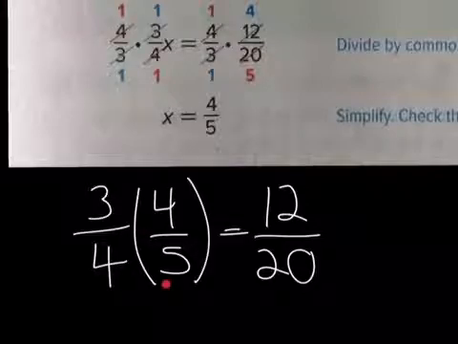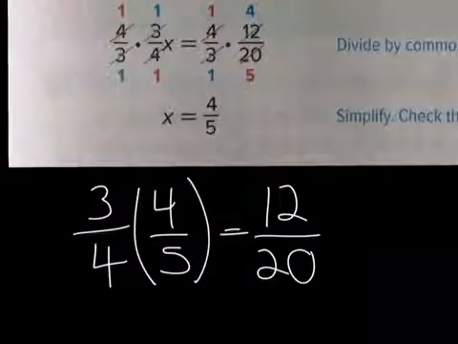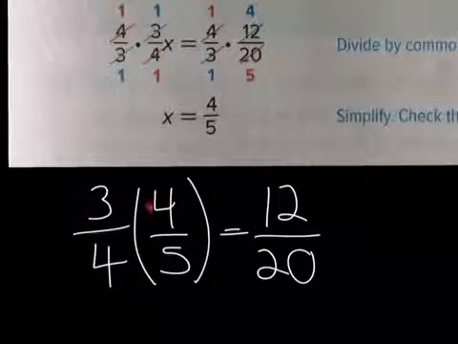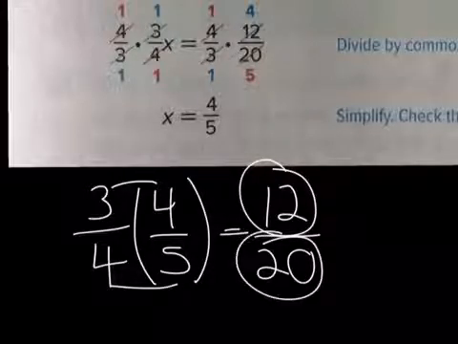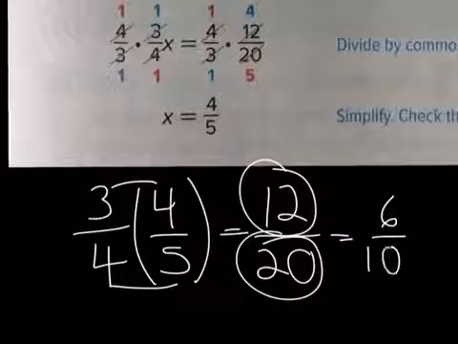And if you replace it back in with a variable, you could say 3/4 of x. Remember, this was s, but 3/4 of 4/5 equals 12 over 20. And that's true. 3 times 4 is 12, and 4 times 5 is 20. So yeah, the statement is true. And you can simplify this to 6 over 10, or 3/5. And there you go.